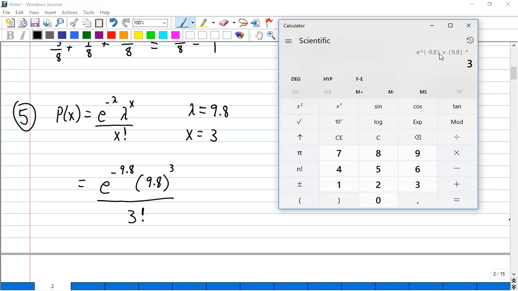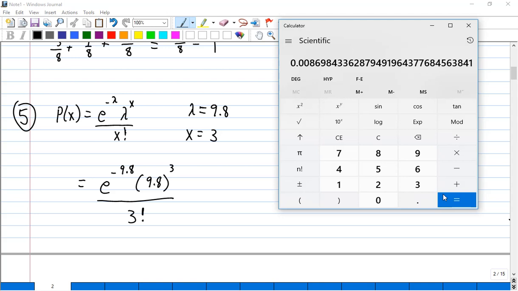And when I hit equals, it's going to give me what all that is equal to. Now it's divided by 3 factorial. 3 factorial is 3 times 2 times 1, so that's 6. So I just say divided by 6, and that's my answer.